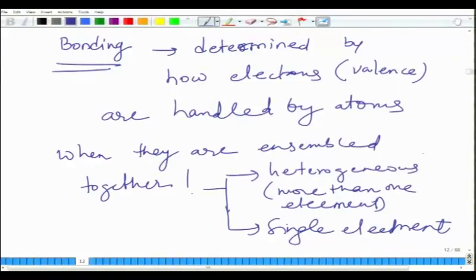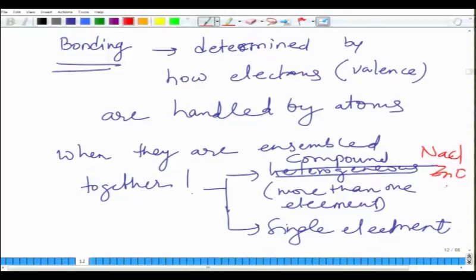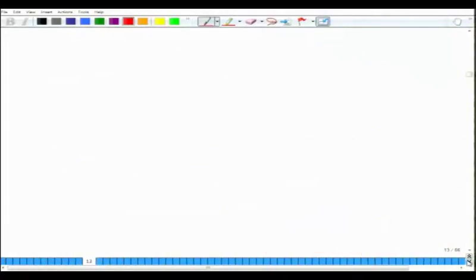For example, this would basically mean compounds, okay, not heterogeneous, but I would say compound. So, things like sodium chloride, zinc oxide and so on, and here it would be anything which is single, like iron, cobalt, nickel, aluminum. Okay. So, let us see what different kinds of bonds there are.